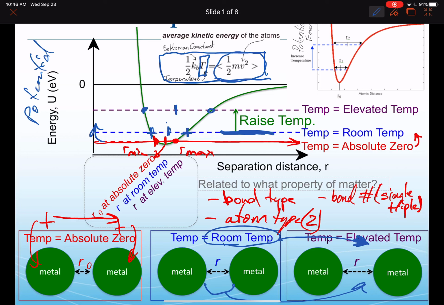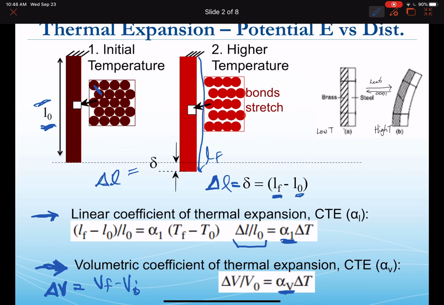So in the linear version, the delta L, change in length divided by the initial length, can be correlated to the change in temperature with this constant alpha L, which is the linear expansion coefficient. Analogously, if we have volume information, the change in volume relative to its initial volume is related to the change in temperature by the constant alpha V.